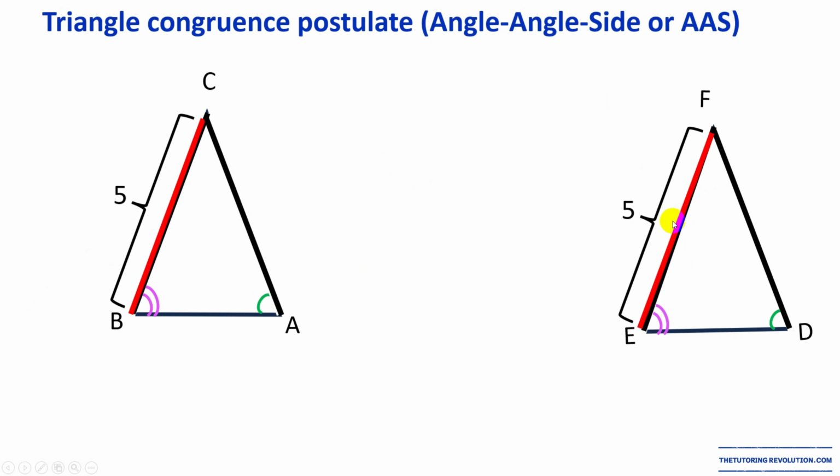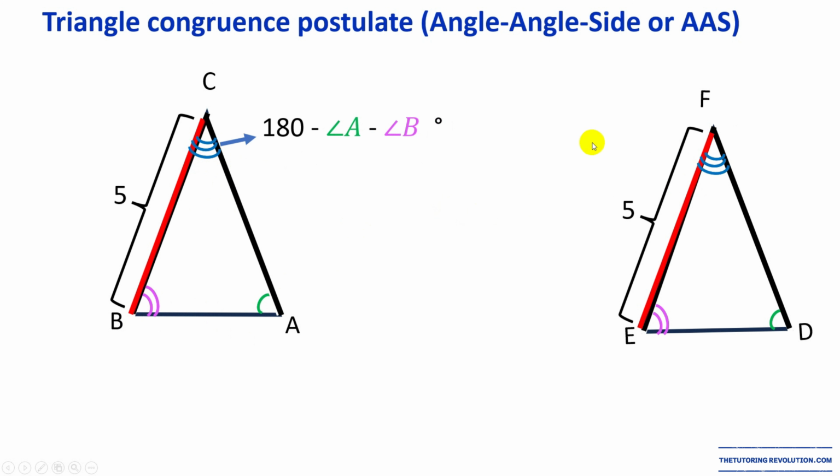So here we have two triangles that have a side 5 in common and two angles also in common. Now, we can calculate this third angle because the third angle is going to be 180 minus the measurement of these two angles here, because all three angles have to measure 180 together.